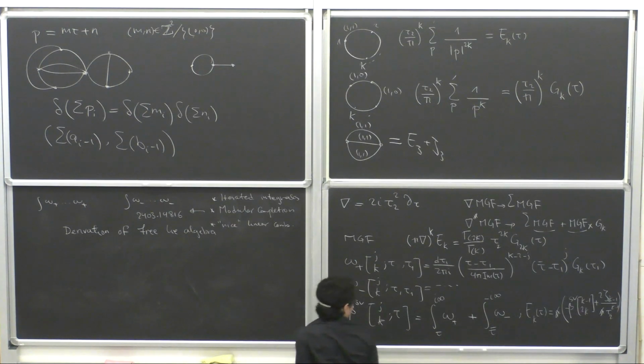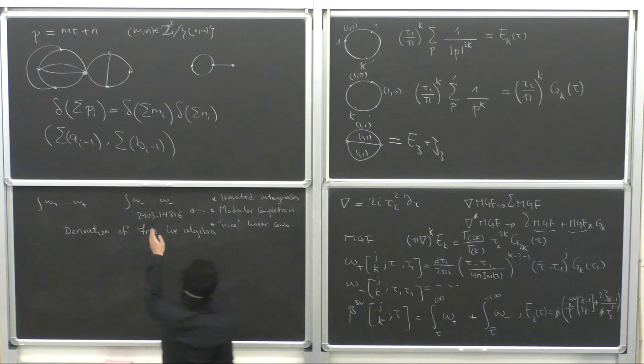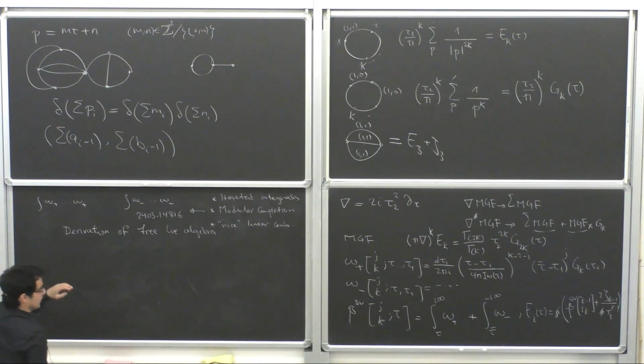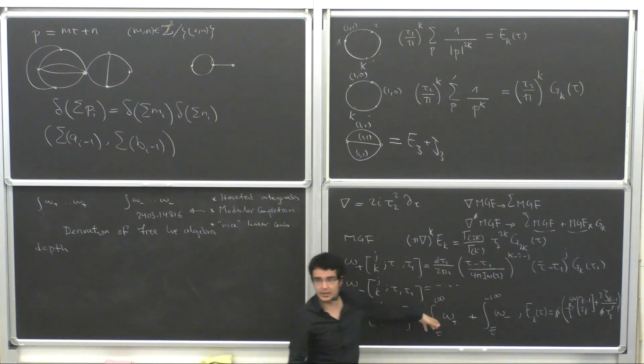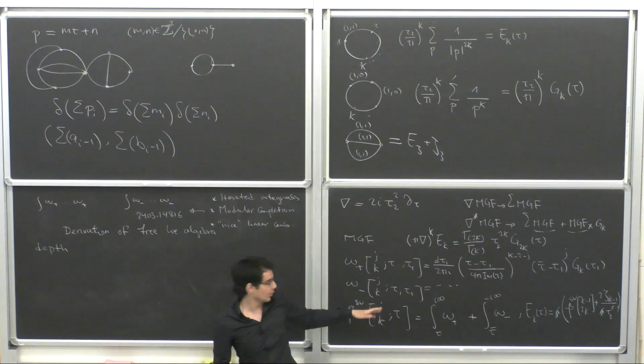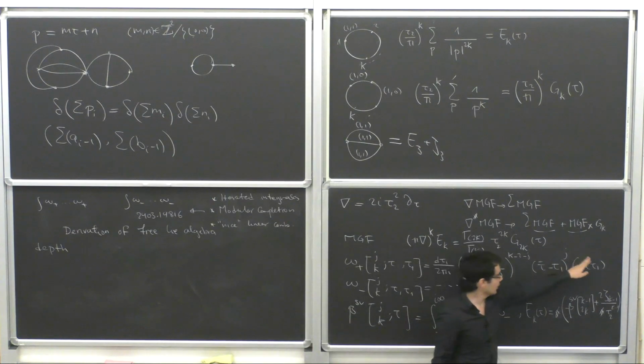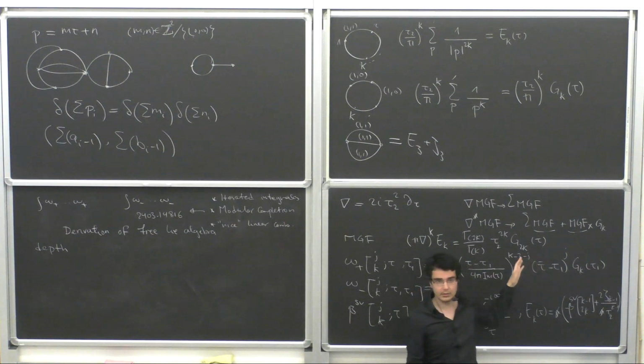Okay, so this naturally introduces a notion of depth. Here, depth is the number of iterations that I have in the iterated integrals, or the number of these G's or omegas that appear in the calculation.